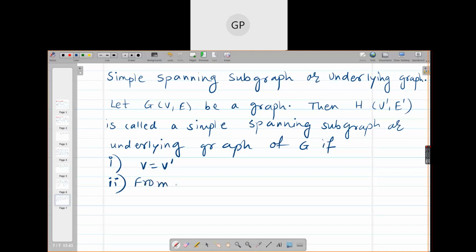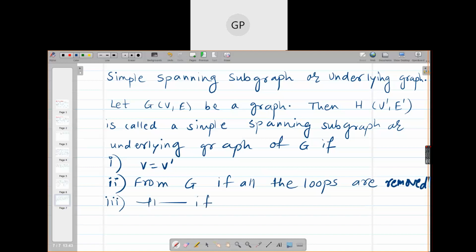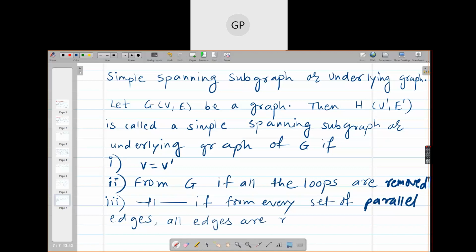Then from G, all the loops are removed, because you want to make it simple, and from every set of parallel edges, all edges are removed except one.